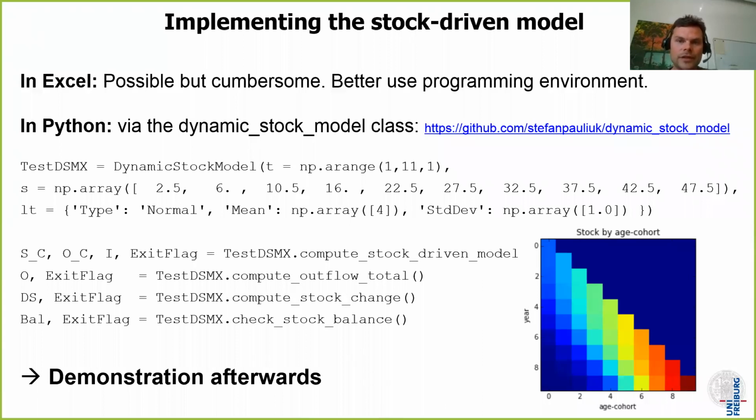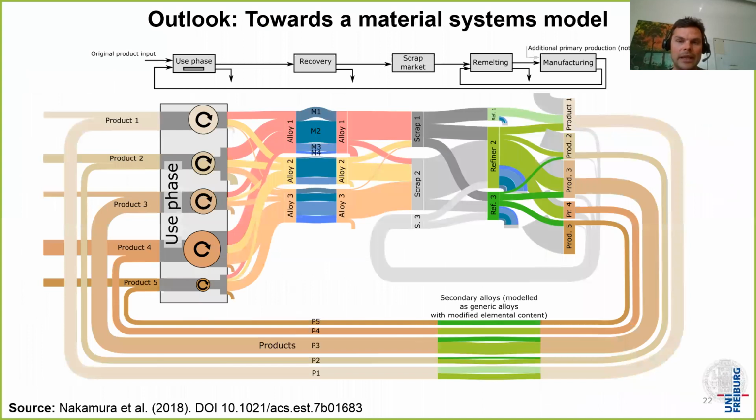Another reason for using software is that it can be linked to each other. It's easier to do cumulative science by building on top of each other's work and also linking to each other's work. So one outlook that I want to give is the so-called material systems model. You probably know energy systems models. They have been developed for 40 years, calculating how humanity can meet its future energy demand cost efficiently and also in line with global constraints like carbon constraints or resource constraints.